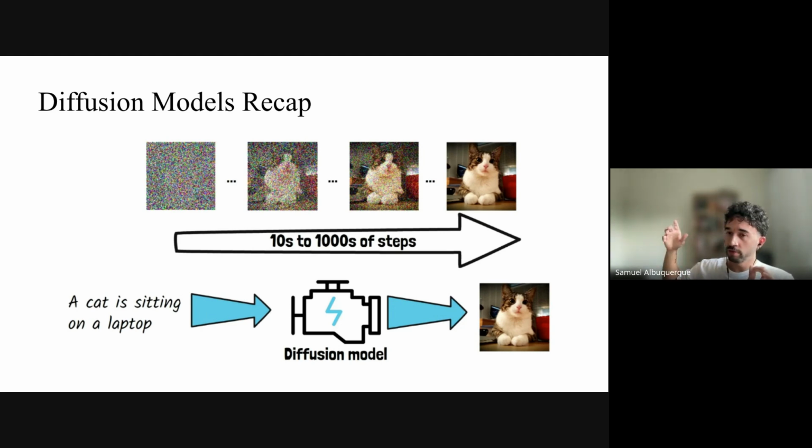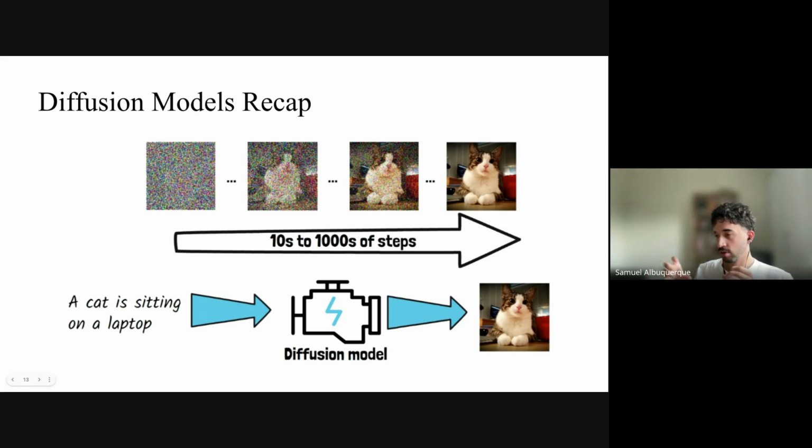And so during inference, you start with a noise image, and then you iteratively remove the noise and get to a clear image. And you can condition the noise removal on a prompt. So your model will know, for example, in this example here, the path between a noise image and a clear image of a cat, of a laptop, of something sitting on top of something else.